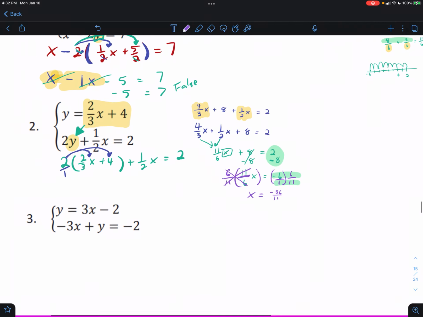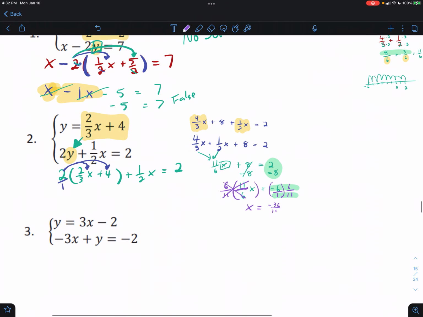And this is actually simpler than you might be thinking. So if you remember, we have two equations over here with an x and a y. We just need to choose one. I'm going to pick that first one, y equals 2/3 x plus 4. I'm going to take that x I just found, that -36 over 11, and I'm going to plug it in.